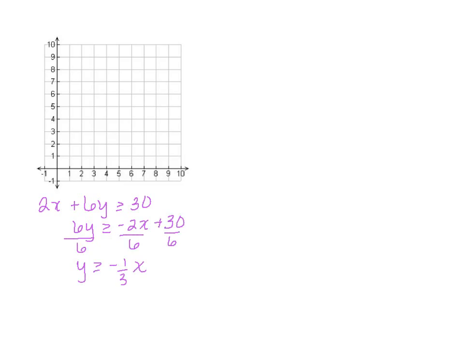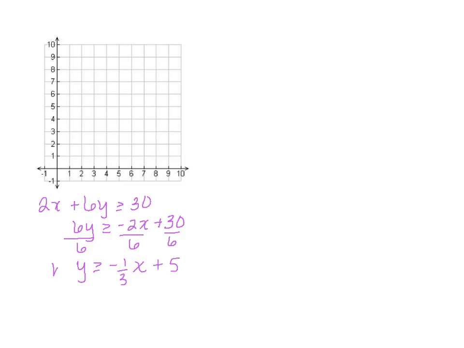So we start with 2x plus 6y is greater than or equal to 30. So 6y is greater than or equal to negative 2x plus 30. Divide by 6. So y is greater than or equal to negative 1/3 x plus 5.